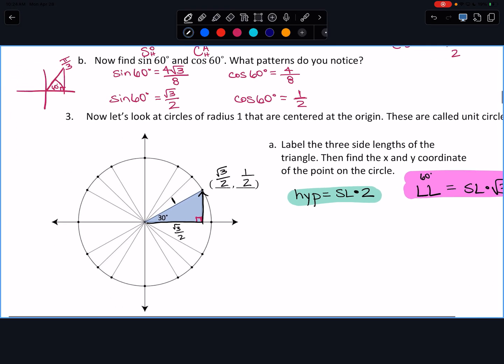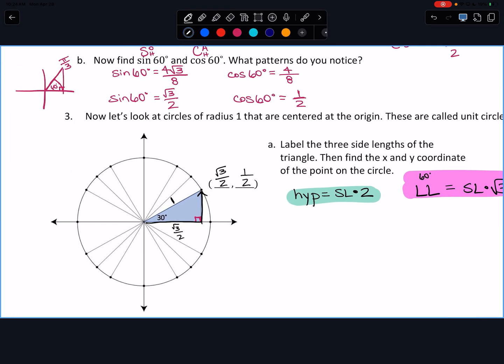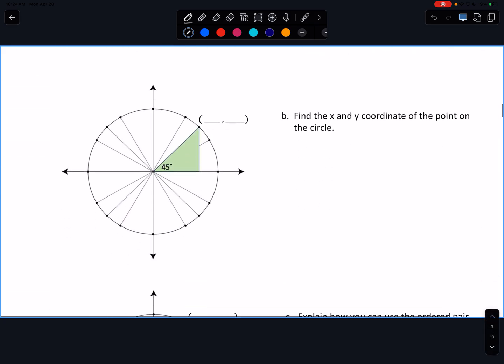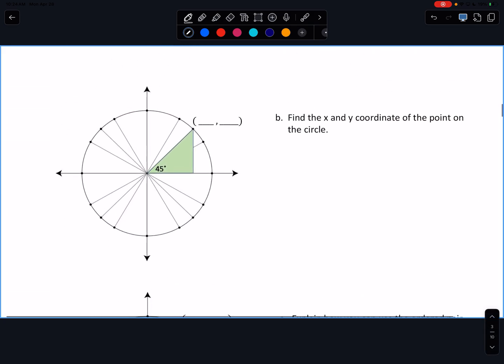So it says find the x and the y coordinate of the point on the circle. We did that. So look at this one. 45. If this is 45, 45, 90, what was this one? Square root of 2 over 2. Square root of 2 over 2. Good.